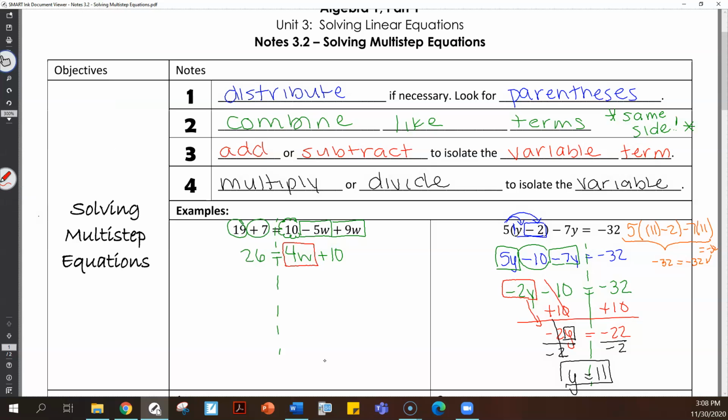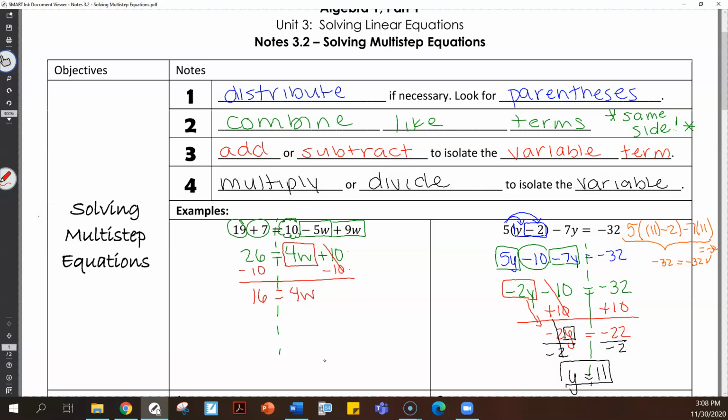I get rid of a plus 10 by subtracting 10 on both sides. My 4w stays where it is. I didn't do anything to it. I didn't change it in any way. My positive 10 and my negative 10 are going to reduce to 0, so I don't need to write anything there. 26 minus 10 is 16.